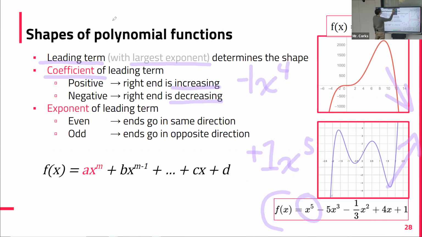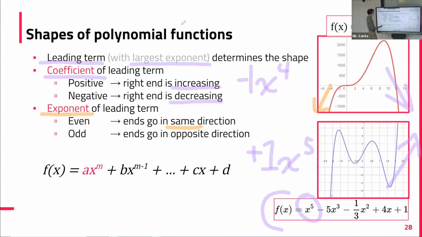Second thing we can notice is with the exponent itself. If the exponent is an even number, then the two ends are going to go in the same direction. So we can see that with the top right one. The right side is going down, and the left side is also going down, in the same direction.